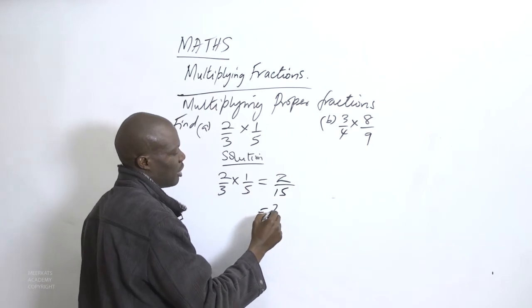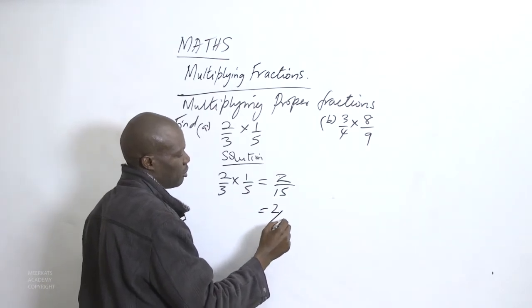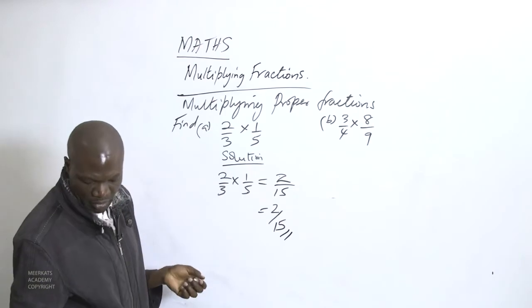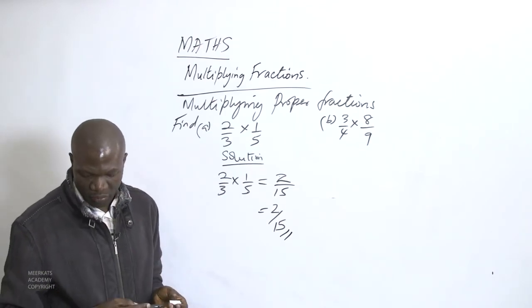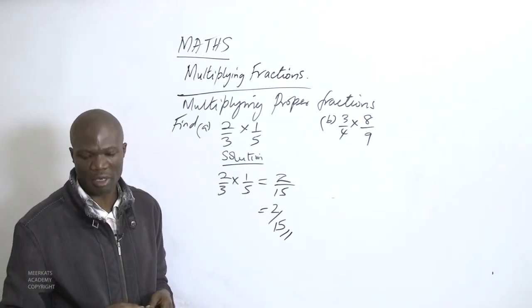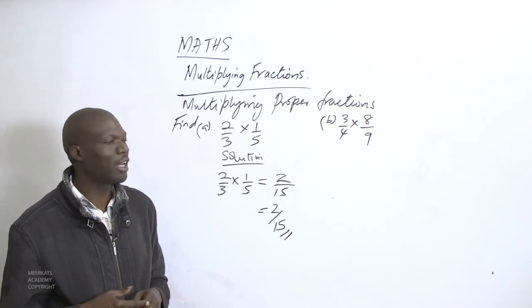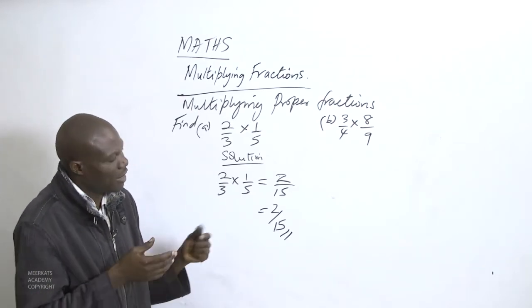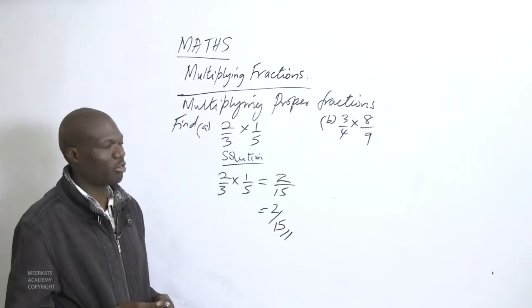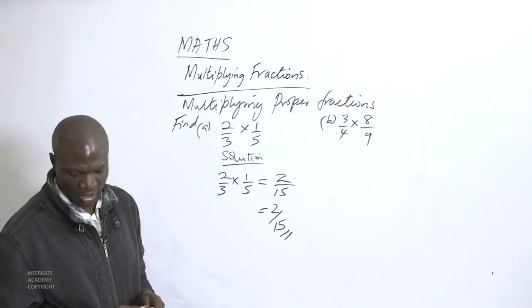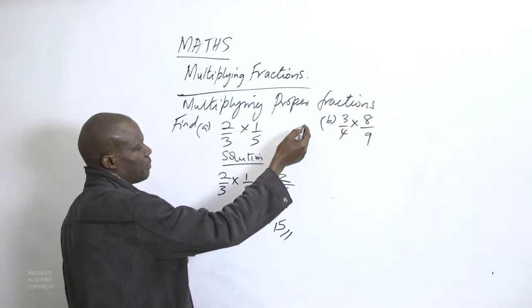So we settle at our answer as 2 over 15. And why 2 over 15 is because we multiply the numerators together, multiply the denominators together, and our answer is already in the simplest form. So we leave our answer at that point.